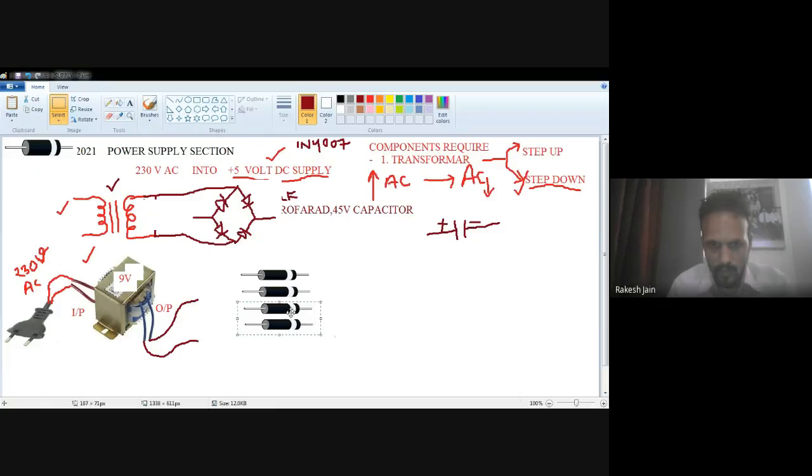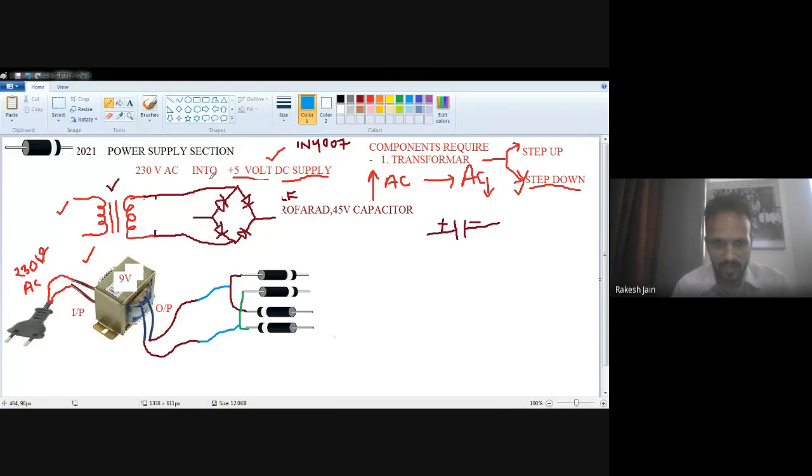So I just remove this one, rotate this one. So one anode and one cathode are shorted, and one anode and one cathode are shorted. One side is connected with the upper side of the transformer, and the second one is connected with the lower side of the transformer.